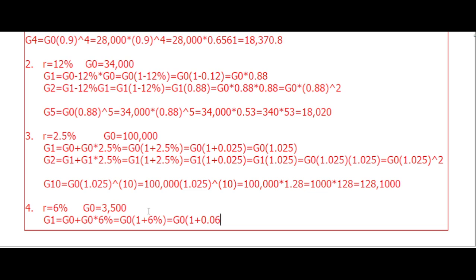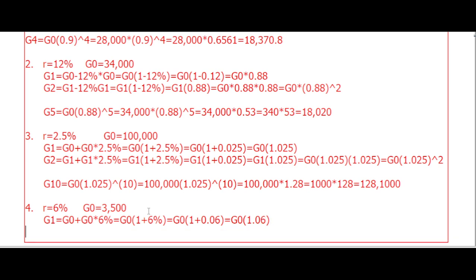Six percent is 0.06. So this is equal to G naught times 1 plus 0.06, which is G naught times 1.06. This is for G1.